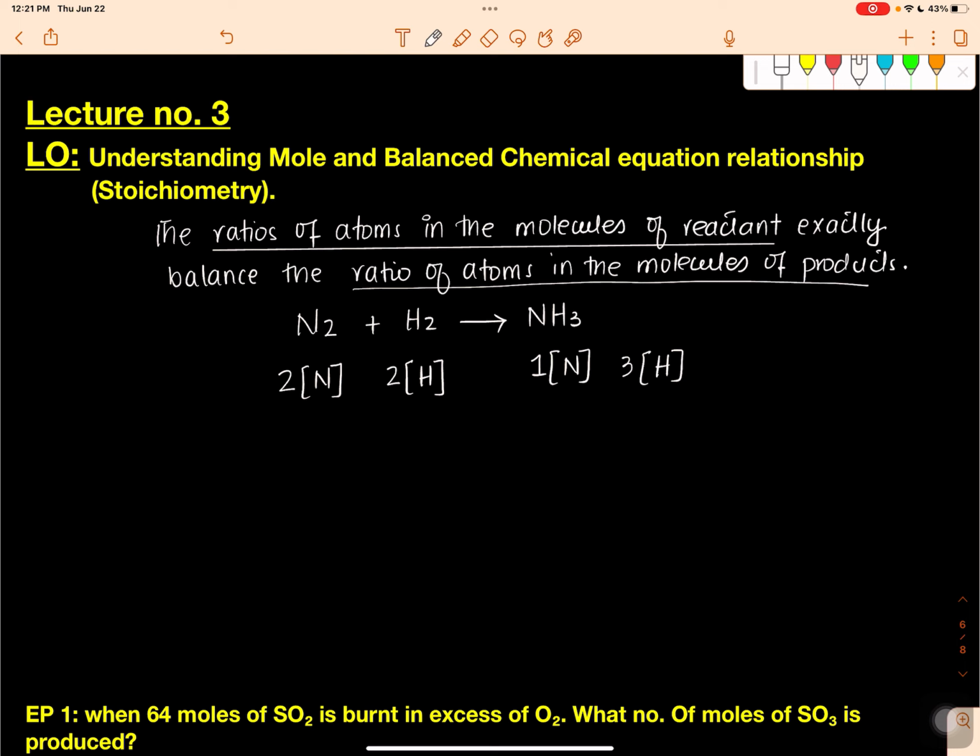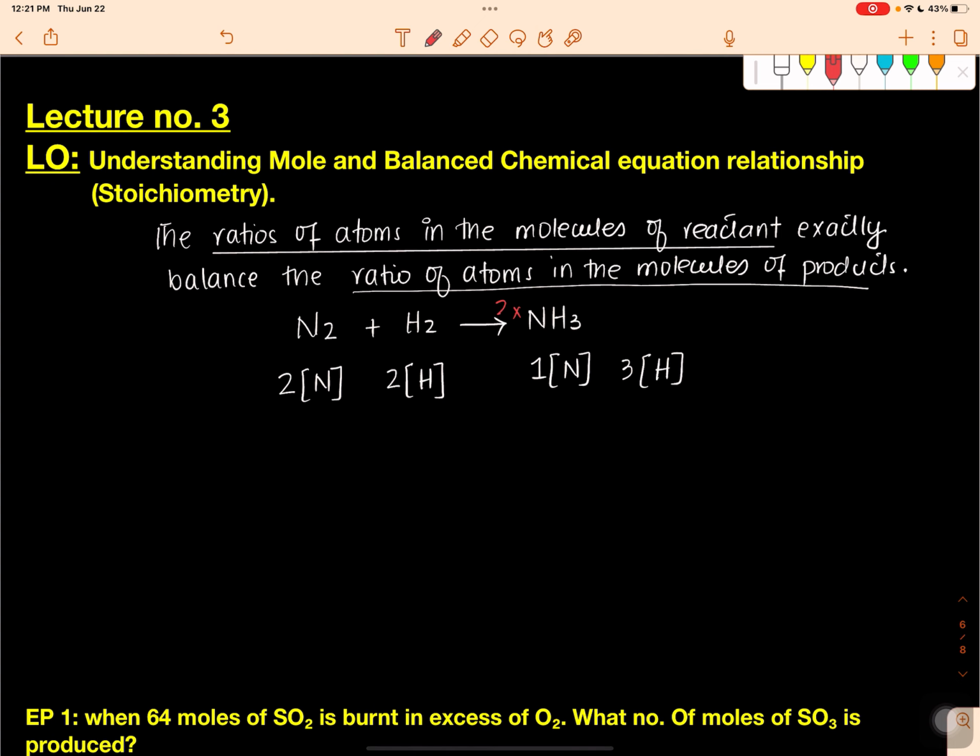When we balance the chemical equation, we balance these ratios of atoms on the reactant side as well as on the product side. So what we do, we make the odd one into the even form. Why not multiply this by 2? Times 2 and times 2. Now we get 2 atoms of nitrogen and 6 atoms of hydrogen.